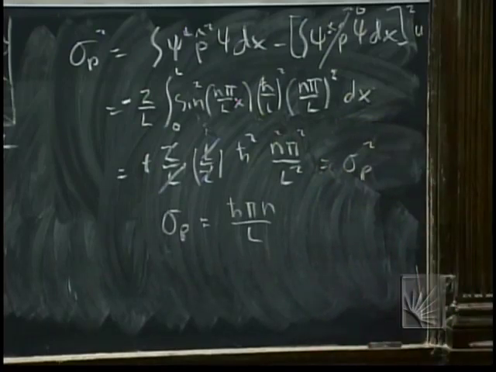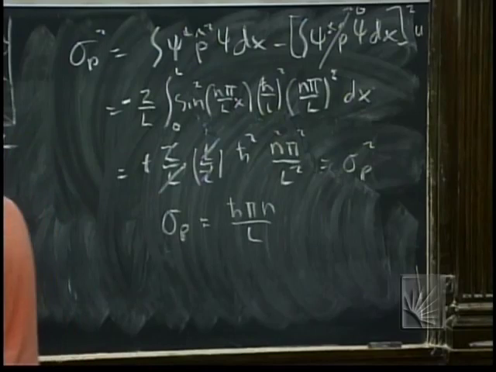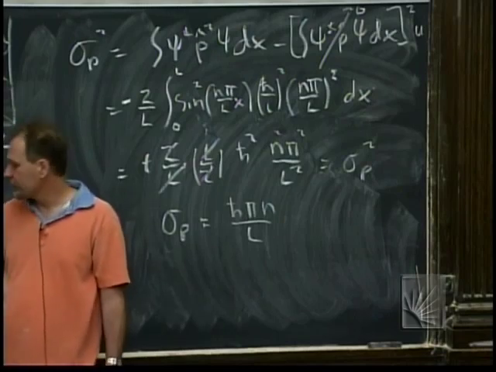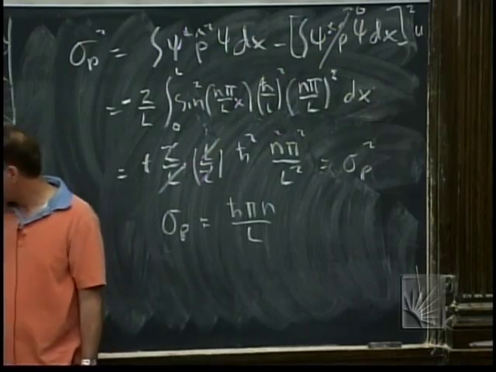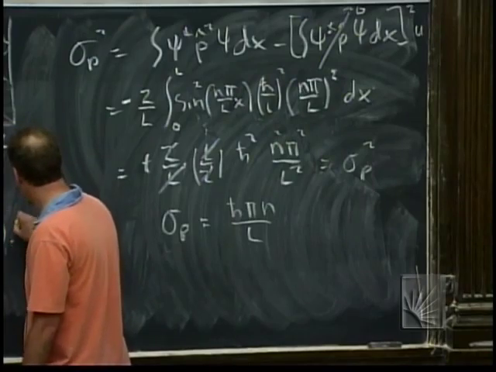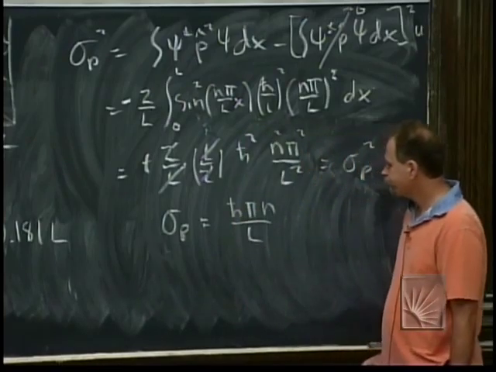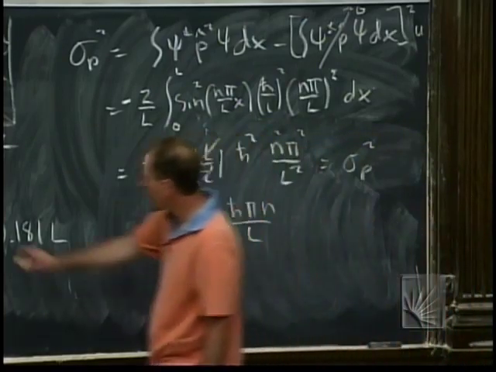All right? If I look at sigma x for n equals 1, if I plug in n equals 1 here, I have 1/3 minus 1 over 2 pi squared. That turns out to be 0.181 times L. Let me write n equals 1 here.